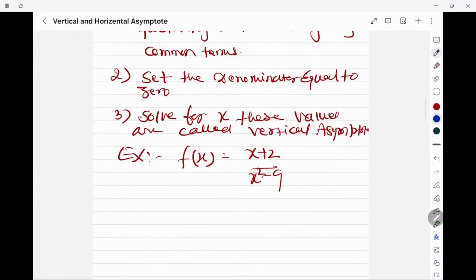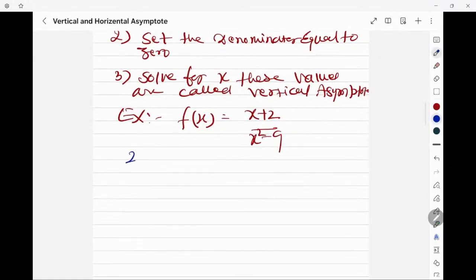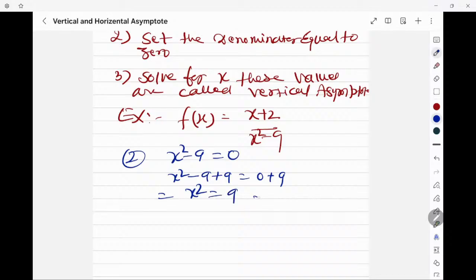So we follow the second rule: x square minus 9 equals 0. Adding 9 to both sides, x square equals 9, therefore x equals plus or minus root 9, which is plus or minus 3.